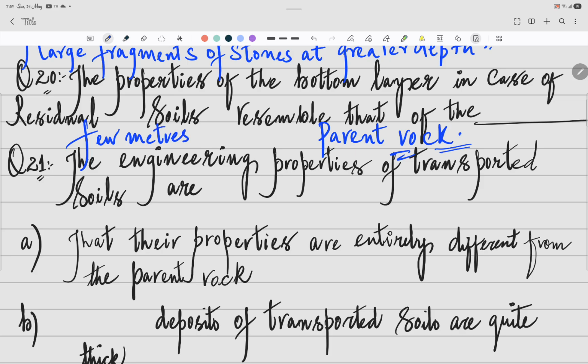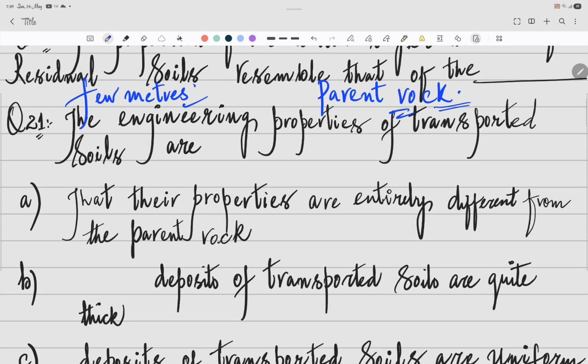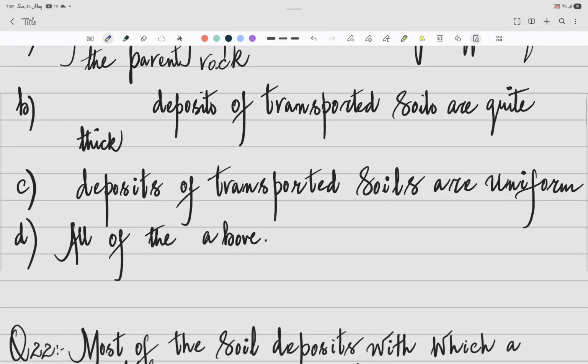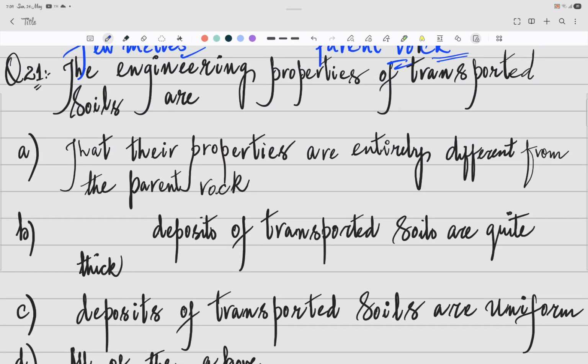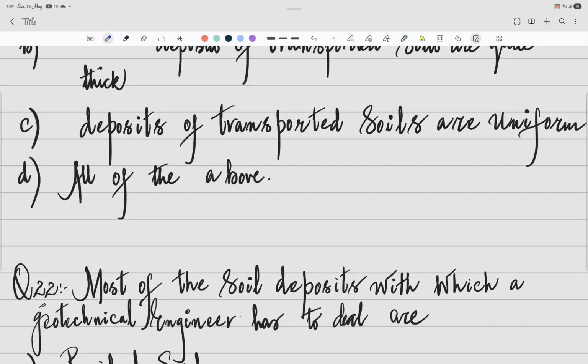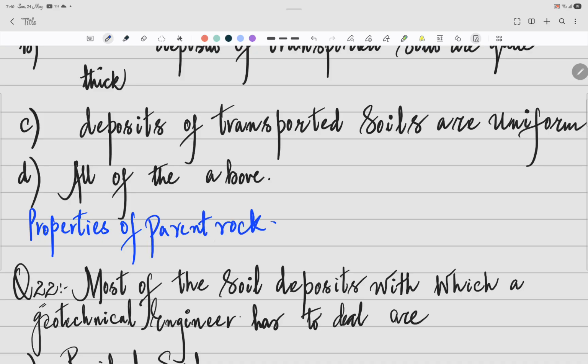All right. Let's move to question number 21. The engineering properties of transported soils are, we have certain options and we have to tell which one is feasible. The engineering properties of transported soils are entirely different from the properties of the parent rock at the place of its deposition.